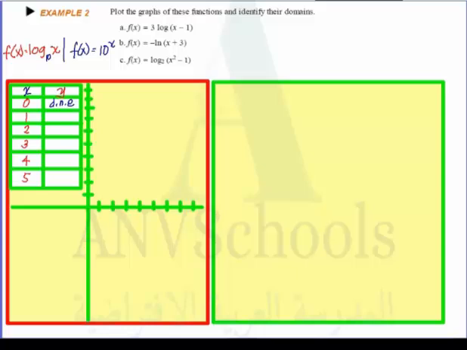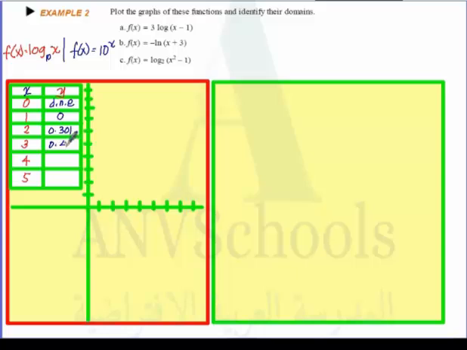If we press log 1, that gives us 0. Log 2 gives us 0.301. Log 3 gives us 0.477.